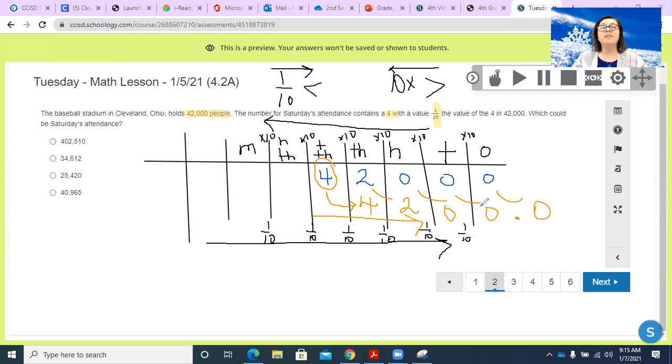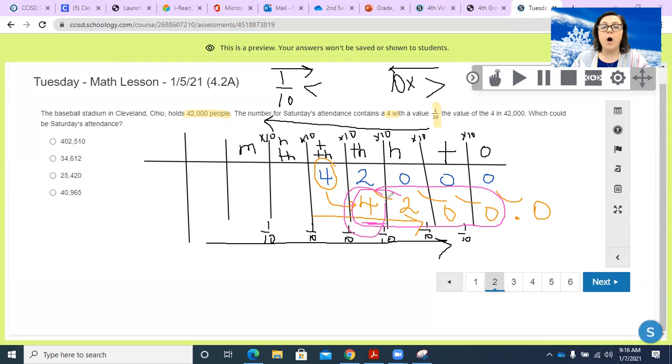Since everything shifted to the right, the whole number shifted down one place. So now we have a number with a 4 in the thousands place. It only told us the value of the 4, so if we shifted the whole number, this would be our answer.